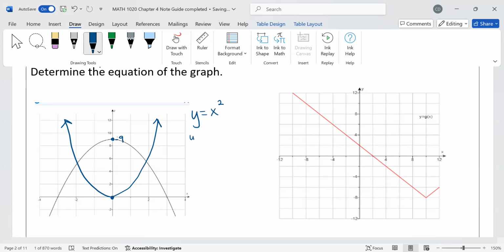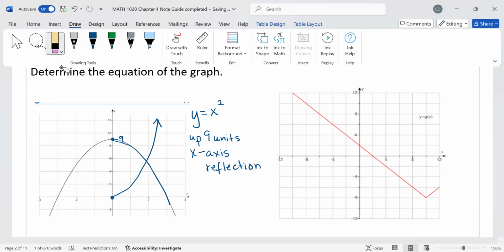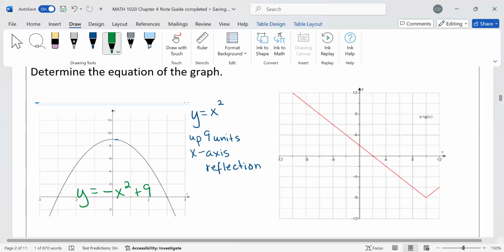So that means we went up 9 units. And then after we went up 9, it flipped it down. We had an x-axis reflection. So we had two transformations going on. We went up 9 units and we had an x-axis reflection. So the equation is y equals negative x squared for the x-axis reflection, and up 9 units is plus 9 on the outside.